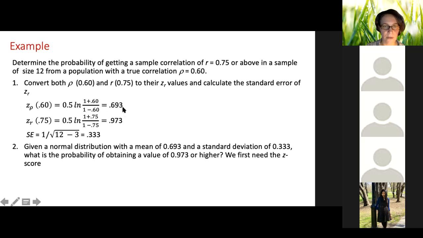This is our new true population parameter, so our transformed population parameter. This is our new transformed test statistic. That is the standard deviation for the sampling distribution for a correlation from a population with this parameter.